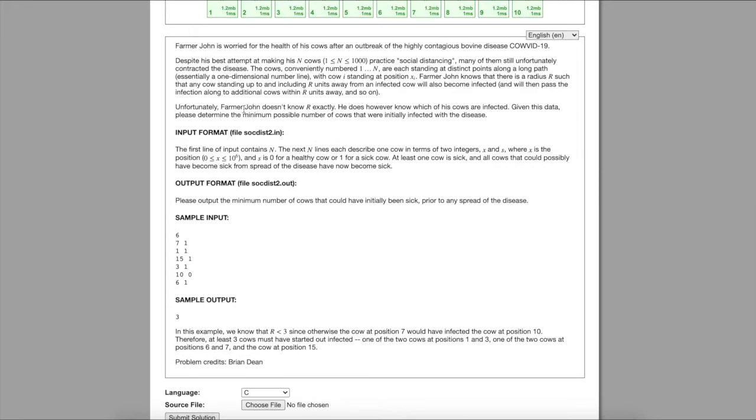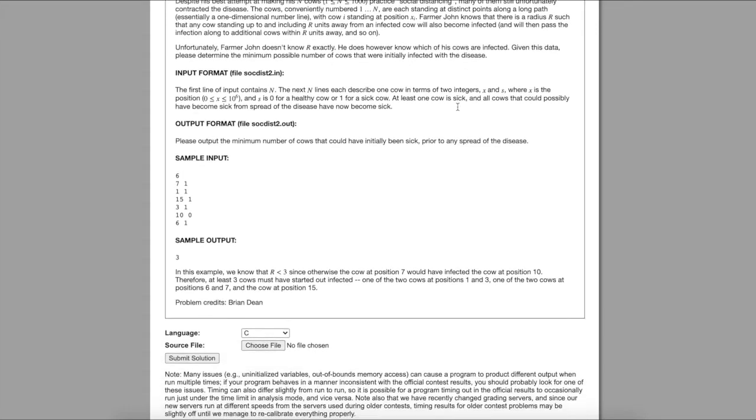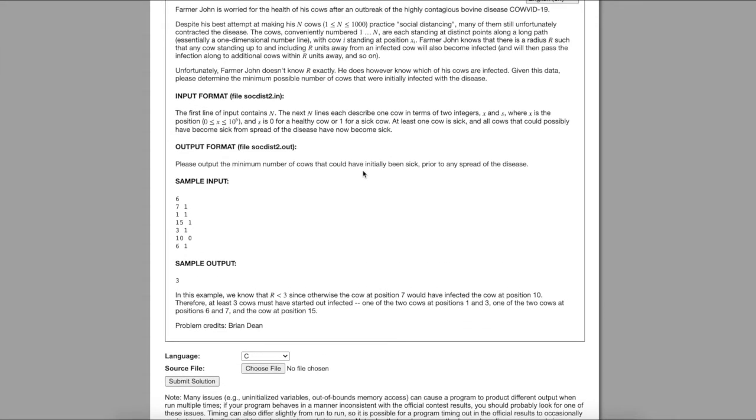Another very important piece of information is that Farmer John knows that there is a radius such that if one cow is infected, the other cows in that radius are infected, and then those cows can also spread the disease among another radius. But unfortunately, he doesn't know this radius.